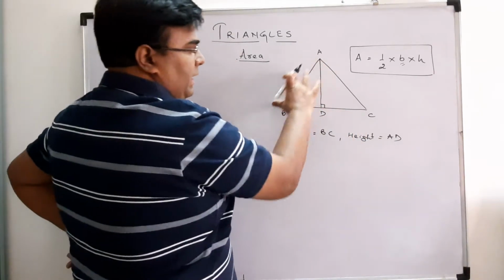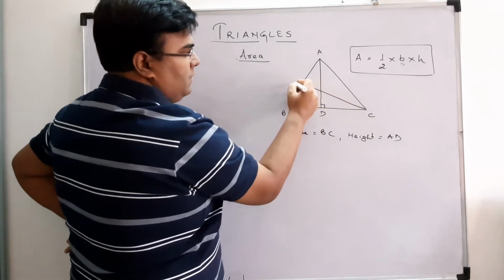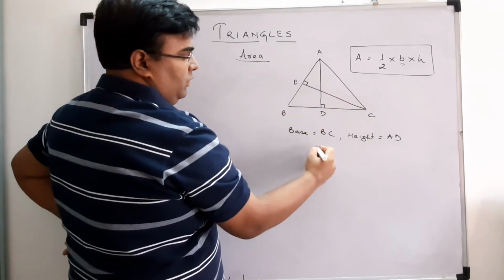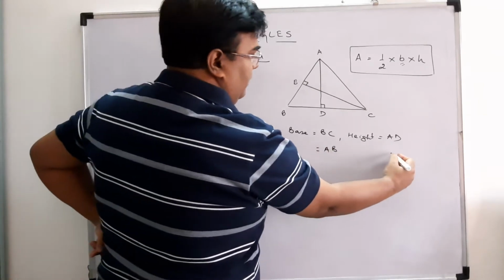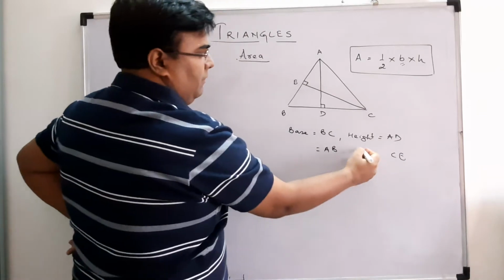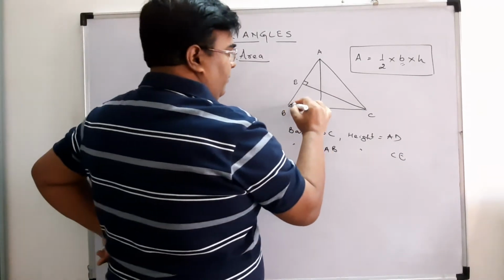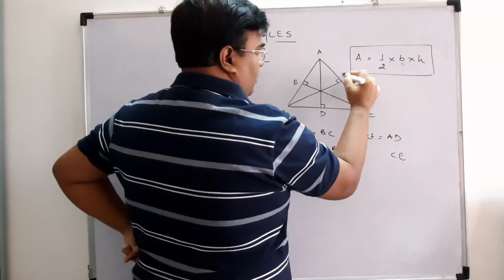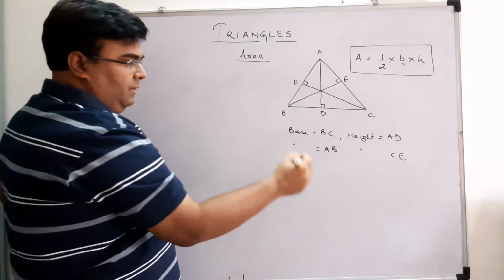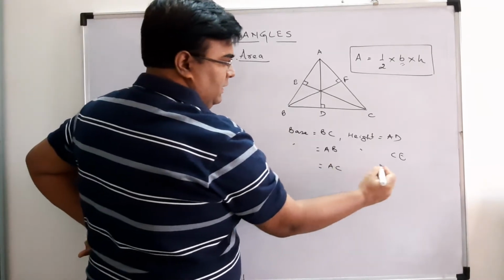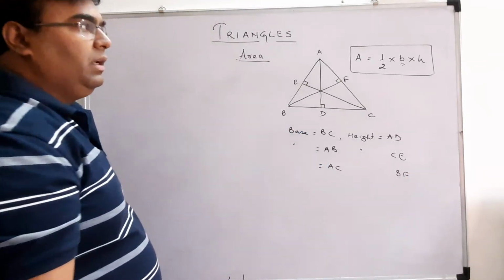If we take AB as a base, we draw a line perpendicular to it from C. So if my base is AB, my height will be CE, correct? Similarly, if you draw perpendicular BF to AC, if my base is AC, my height will be BF, correct?